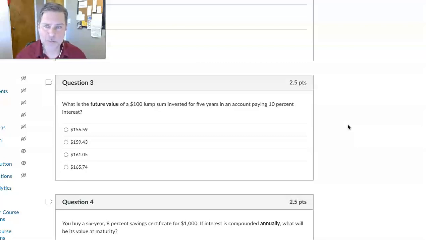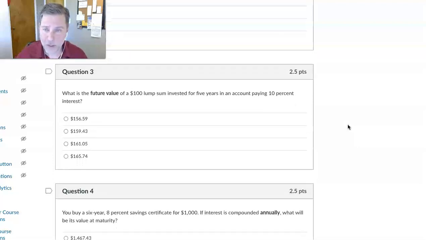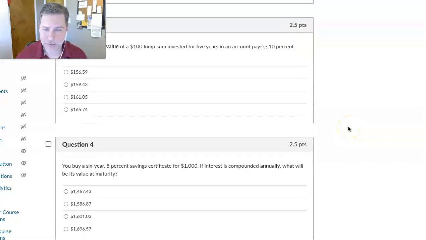You may see different terms used for interest rate than we've seen, especially in the textbook, but it's usually pretty simple to figure out. I'm not trying to trick you. I just want to see if you can actually use, potentially, an online calculator to get this answer. So there's future value questions.